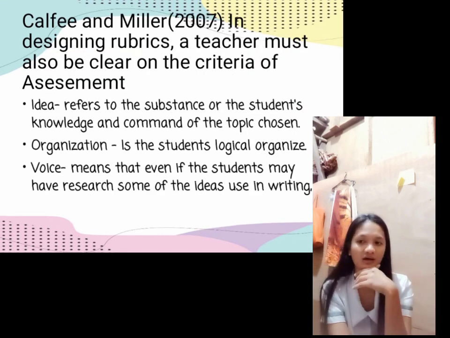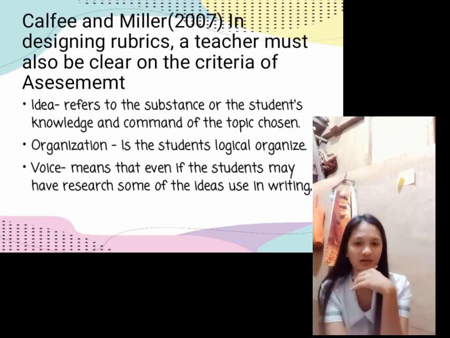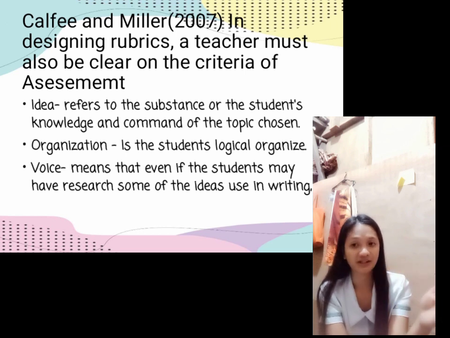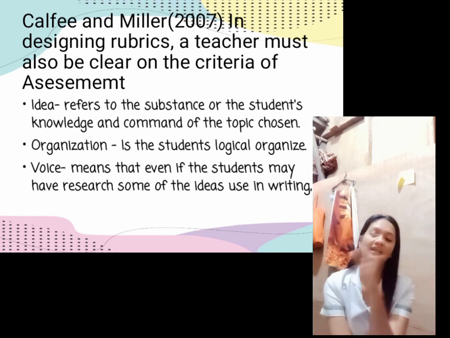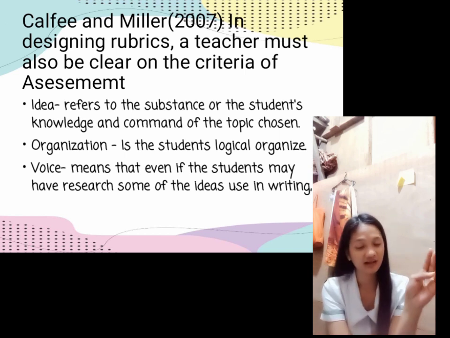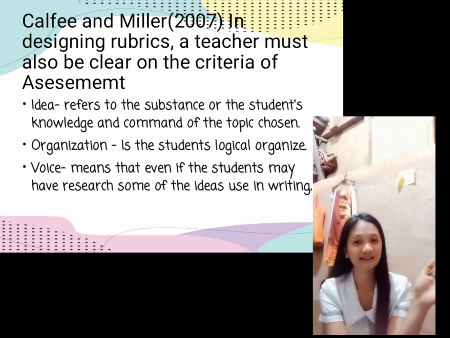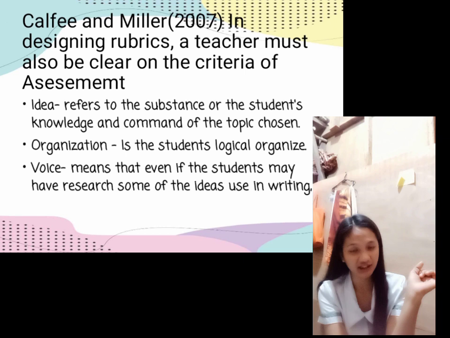So according to Calfee and Miller, 2007, there are the following essential criteria for evaluating writing outputs. So dili ra day ta magtaka-taka o himo og output, especially as future teachers, kay basig koleksyonan ta sa itong estudyante.